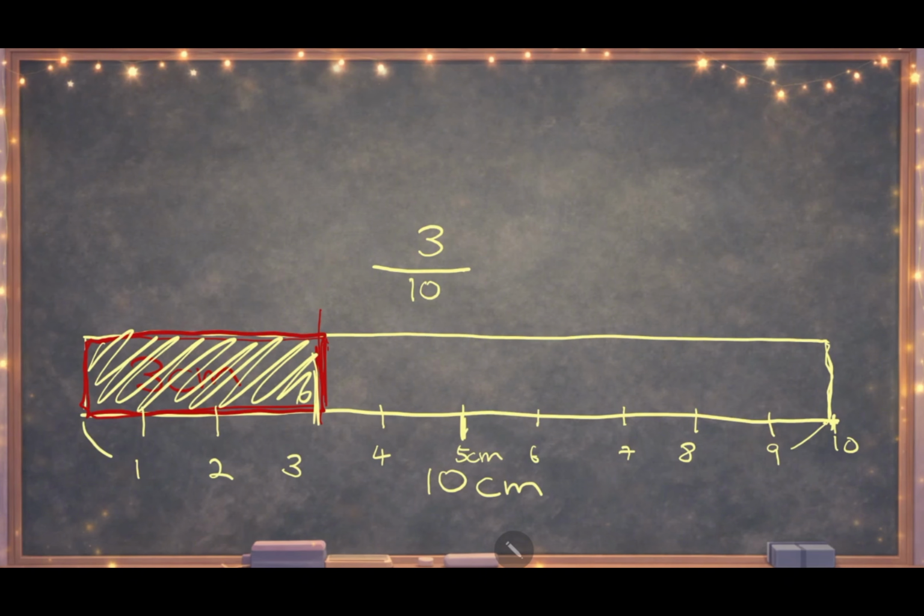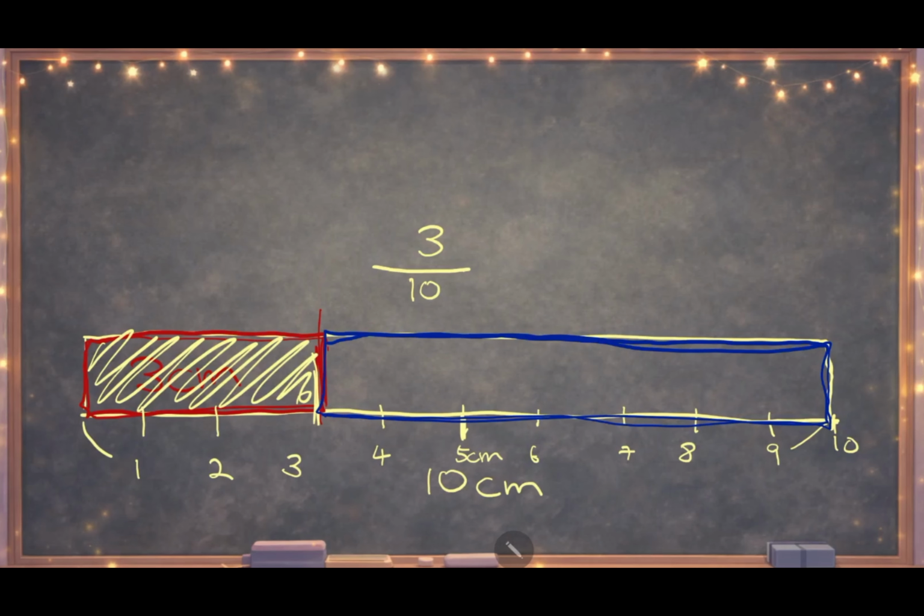Then do you think you can work out the remaining sellotape? What is the fraction of remaining sellotape? Please pause the video and write it down. Yes, you're right. There are 7 equal parts remaining, so the remaining sellotape is going to be 7/10. And what we can notice here is that if we add what I have used with what is remaining, we get 1 whole piece of the sellotape, which is 10 pieces.